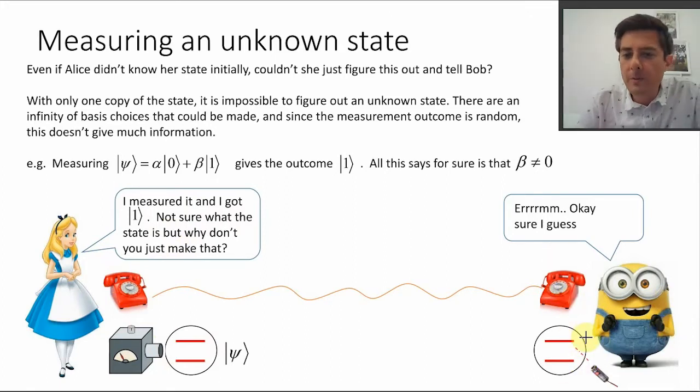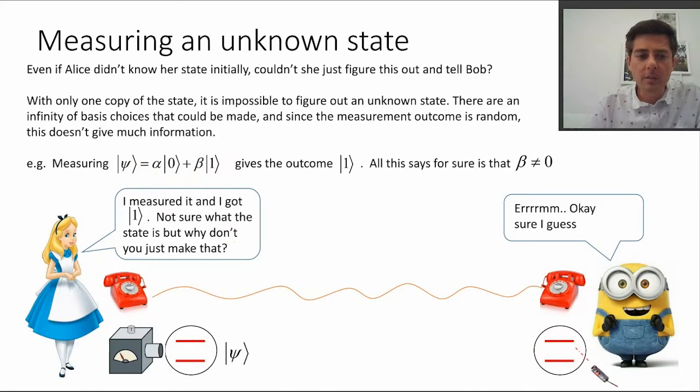Okay, so clearly this is a method that is not going to work very well, because it is missing a lot of the information in this state. This alpha and beta could be any numbers normalized to 1.